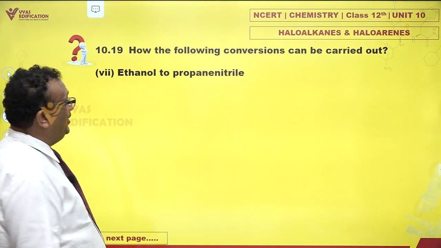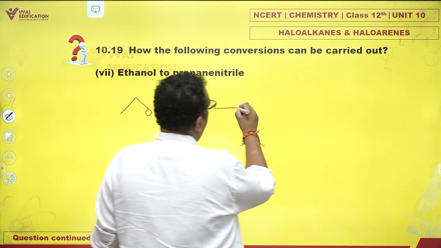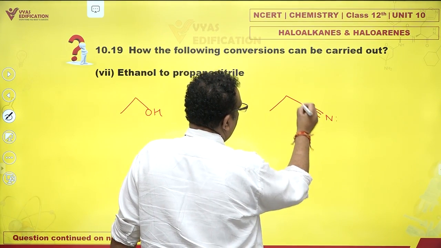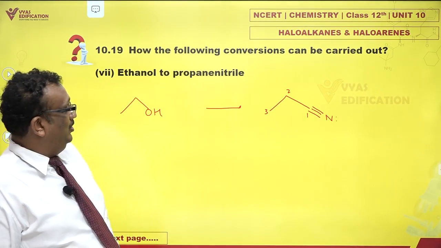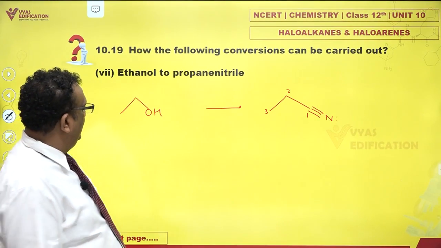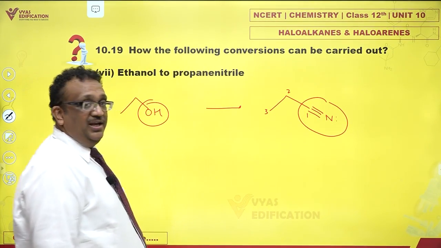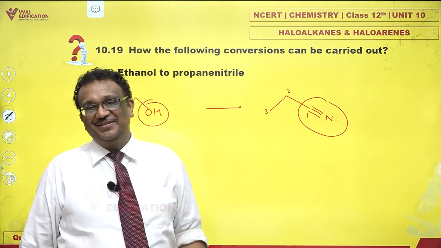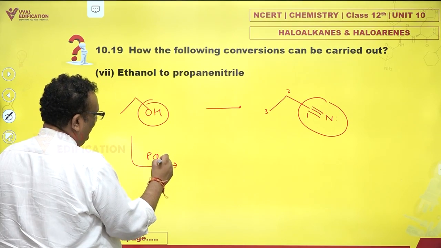Ethanol to propane nitrile. Ethanol. This is 1, 2, 3. Propane nitrile. Well, what has happened? This OH has changed to cyanide, CN. Remove OH, add CN. Now you know this, come on. We have just done that. Add PCl3.